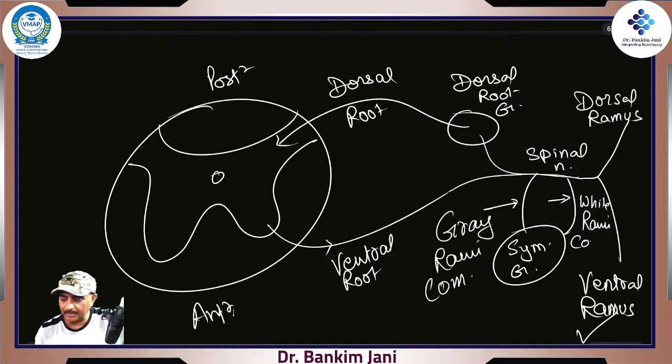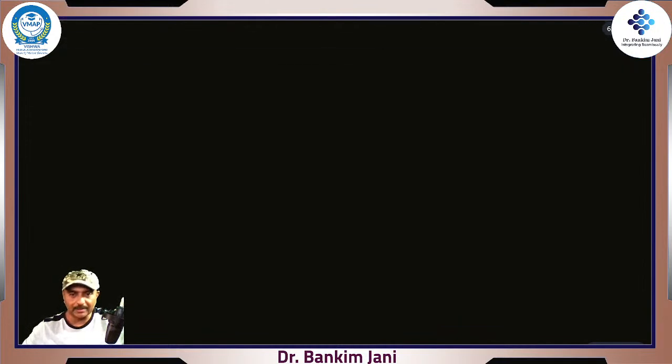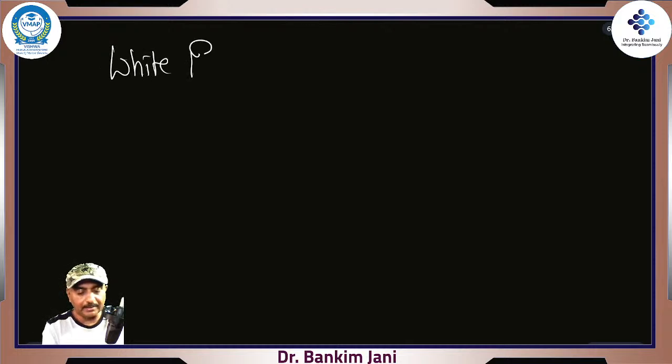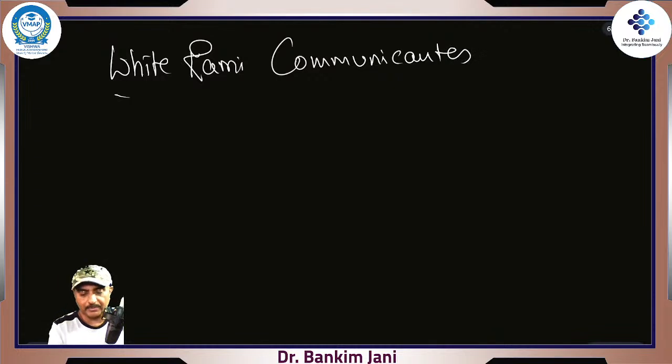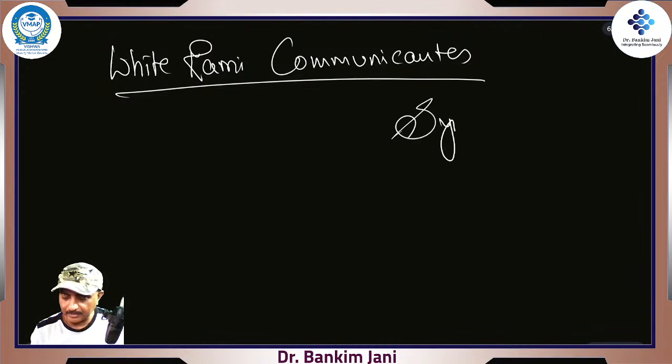Rami communicantes. Let's do one very quick understanding and it will become much easier. For the white rami communicantes, in very simple words, what exactly is it? You know the sympathetic ganglion.